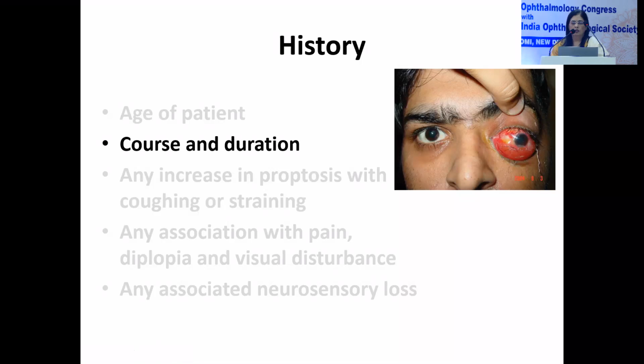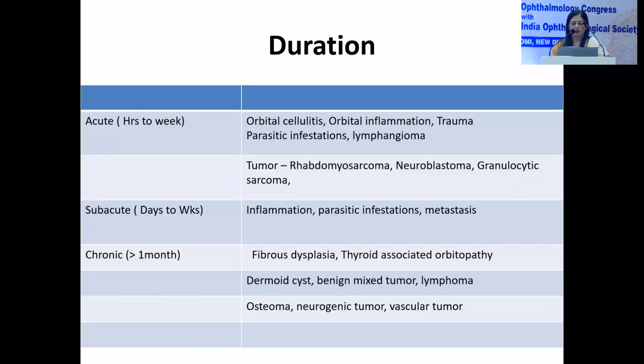It's important to note the course and duration, because if it's an acute presentation, we know we are dealing with infection or inflammation, or there can be acute hemorrhage as in lymphangiomas, where after a respiratory tract infection we can have a sudden bleed. Or if it's chronic, we can have thyroid eye disease, dermoid, or any tumor.